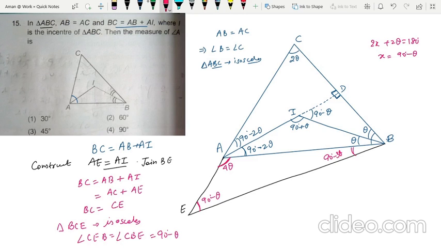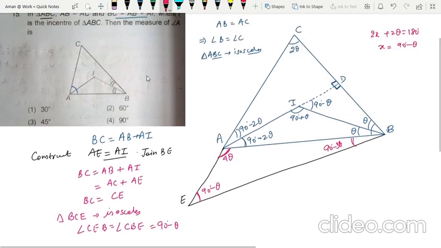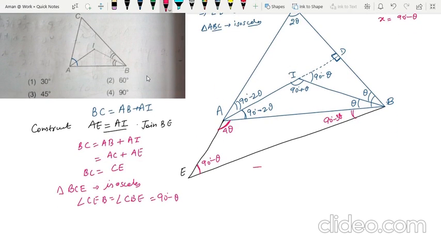Now let's observe quadrilateral AIBE. Take angle AEB plus angle AIB. Adding these two, this is 90 plus theta and this one is 90 minus theta, so the sum is 180 degrees.